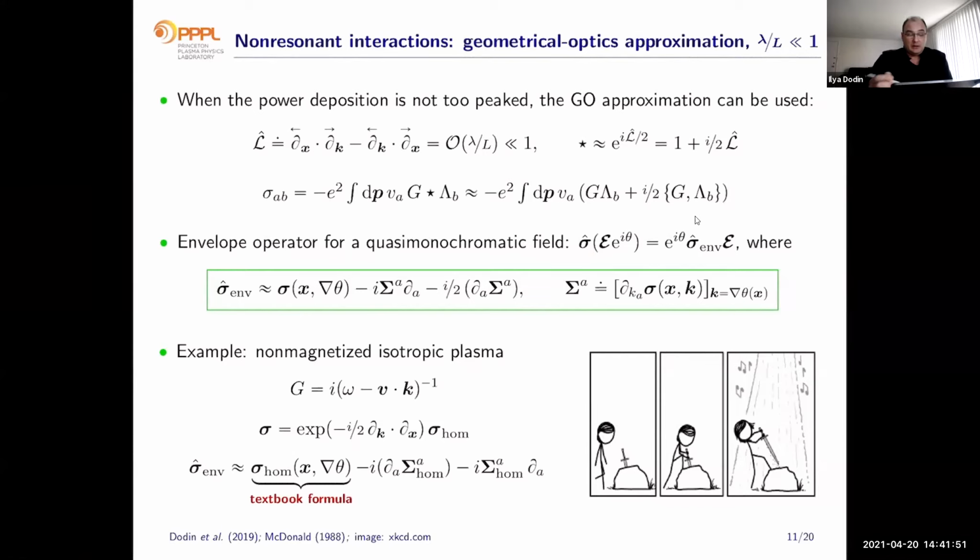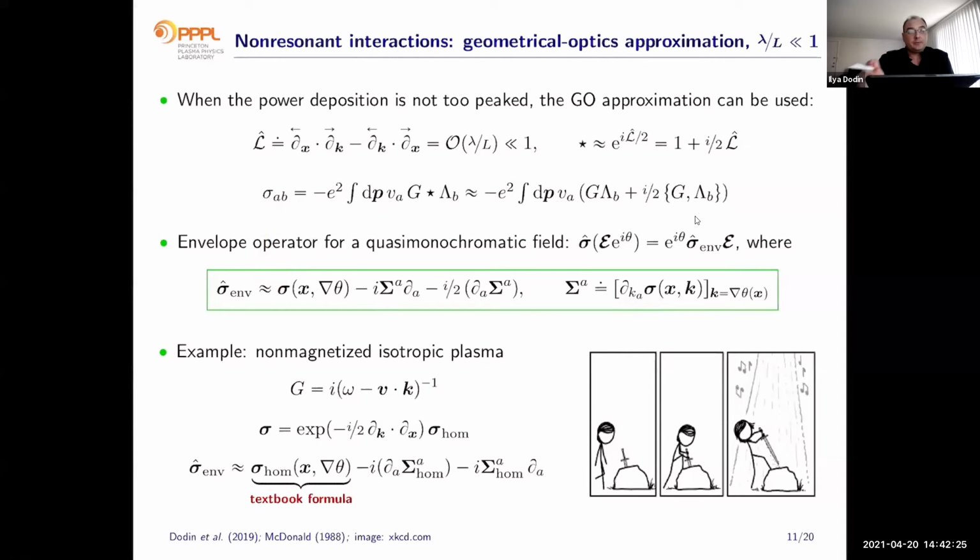And again, there is a theorem that tells you that the effect of an operator on a quasi-monochromatic field can be expressed in terms of an effective envelope operator acting on the smooth envelope. And this envelope operator can be expressed through the symbol of sigma right away. Basically, it's sigma and its derivative with respect to k. So you calculate the symbol, you substitute it here, that's it.